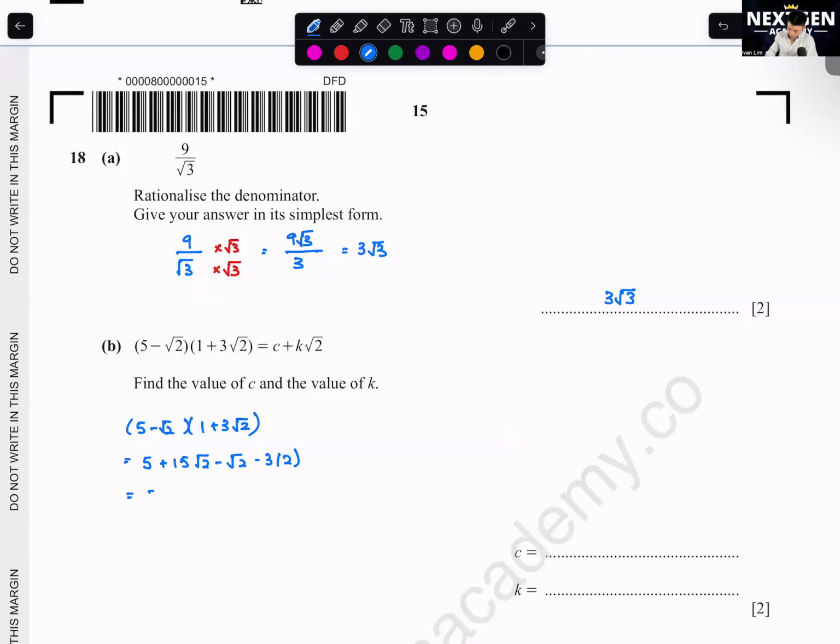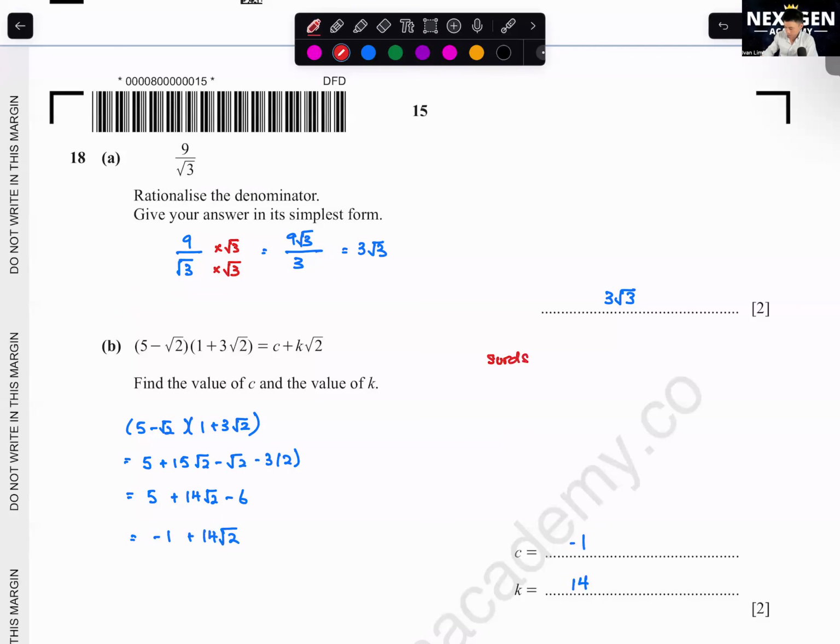We will get 5 plus 14 root 2 minus 6. They want the value first. So 5 minus 6 is minus 1, plus 14 root 2. c is minus 1. k is 14.